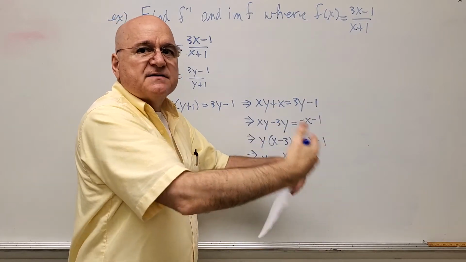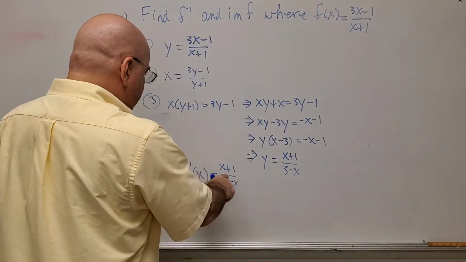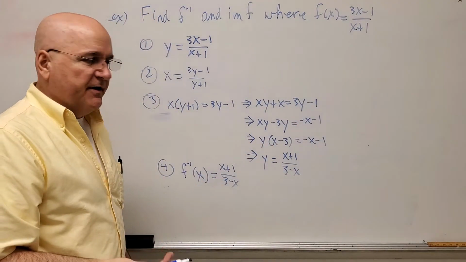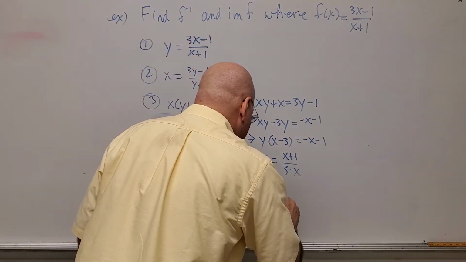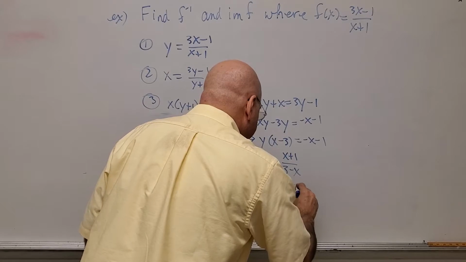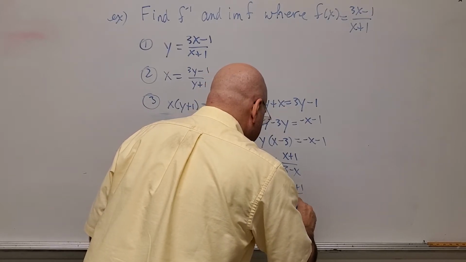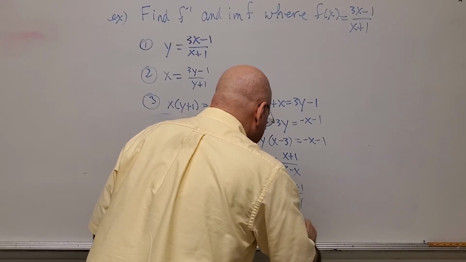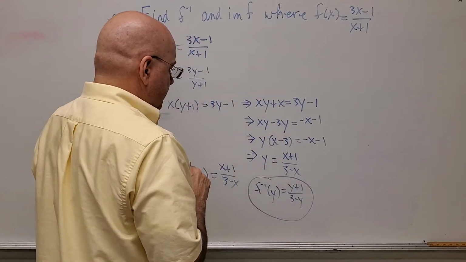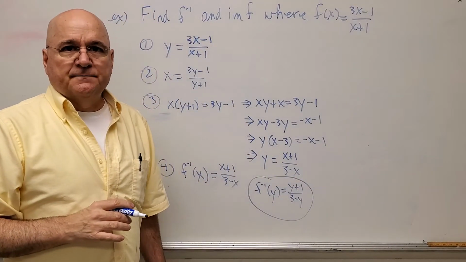It takes y's and turns them into x's. So in this case, x is just a dummy variable. So I would write f inverse of y equals (y plus 1) over (3 minus y). That's the inverse function.